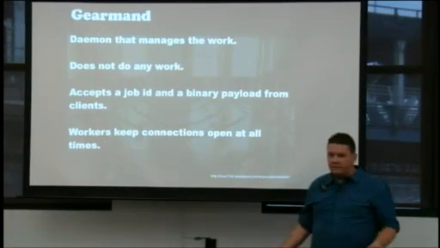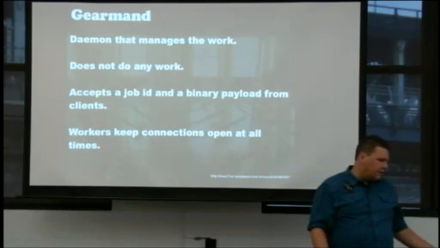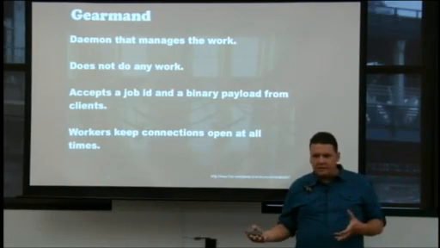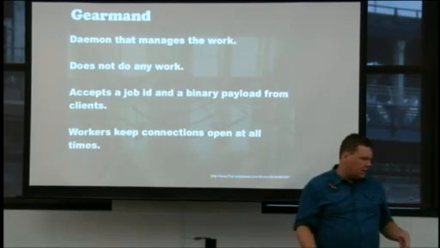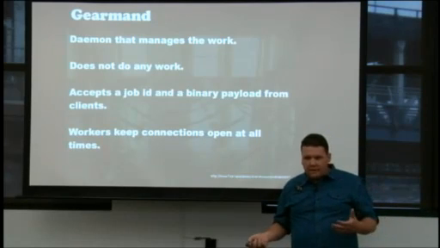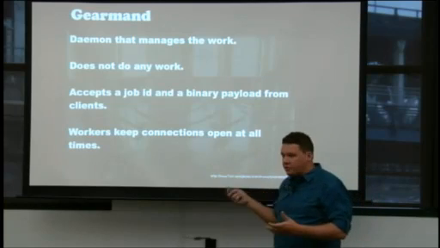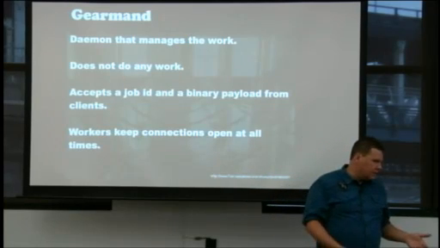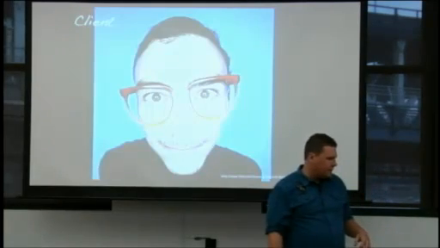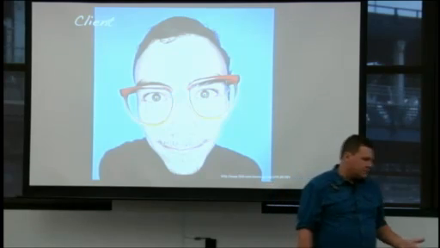The client gives it a unique job ID and whatever the input data is that it needs processed. It then gives that work to a worker that will do the work for you. The workers are constantly running. I'll talk about them in a second. The other part, the part that most developers are going to write, is going to be the client.